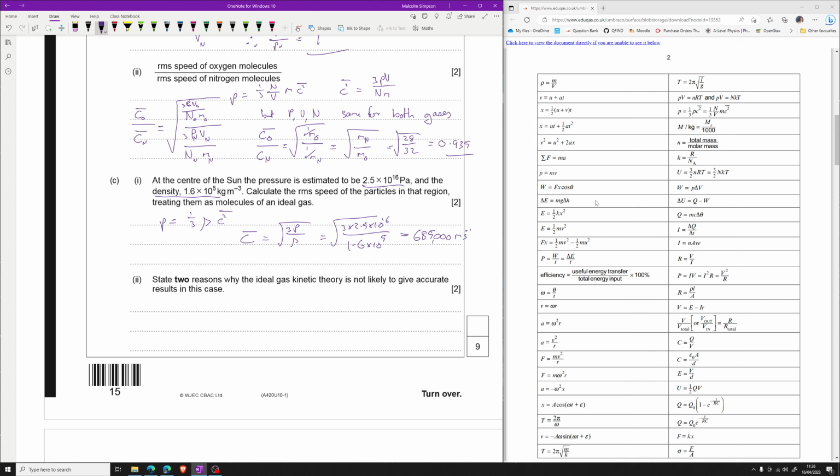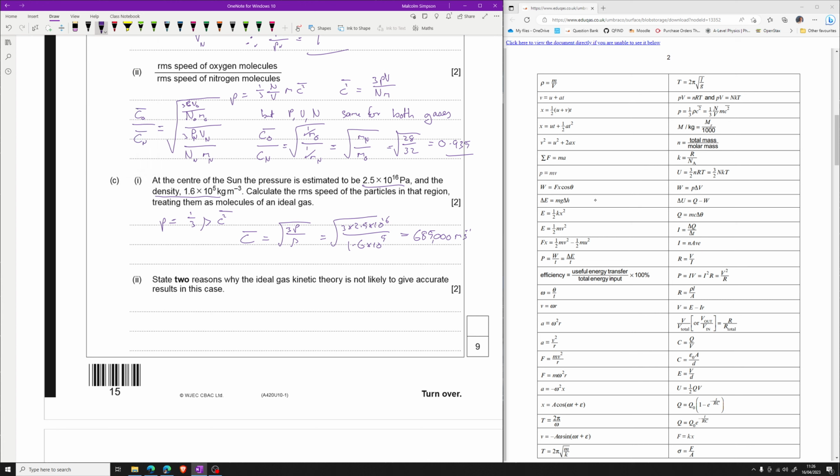What else have I missed? And that the gas is monoatomic, I suppose. So are these valid assumptions? We're only after 2 that aren't valid. Arguably, all of those are invalid in the center of the sun. So any 2 that you like really is going to be fine.